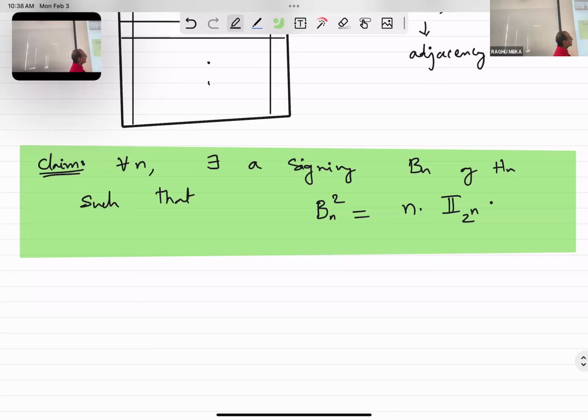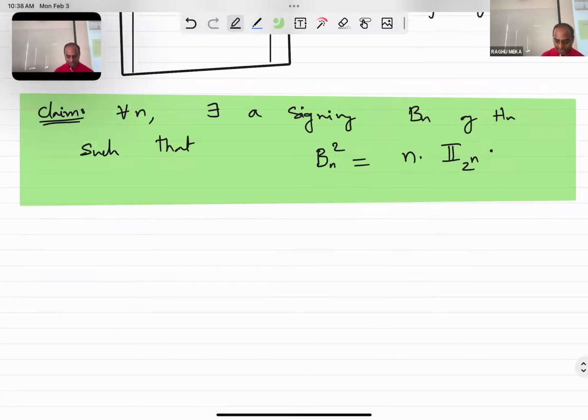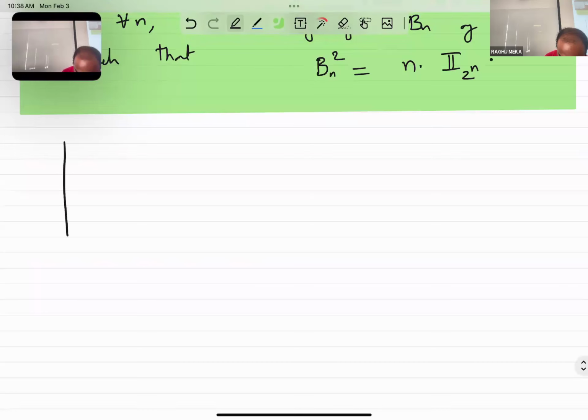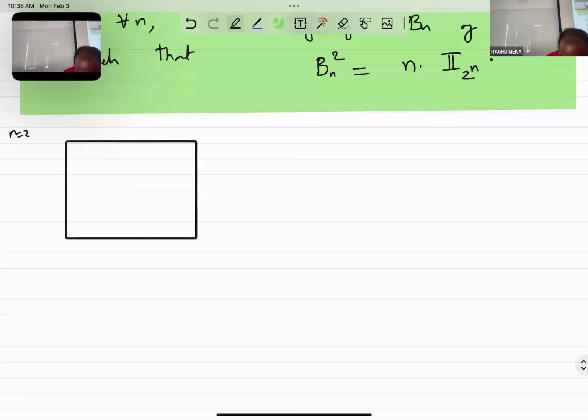There exists a signing such that the square is actually the identity matrix. So what does this mean? For example, take the 4x4 matrix. Let's say n equals 2, then we have 0, 0, 0, 1, 1, 0, 1, 1, 0, and 1, 0, 1, 1.